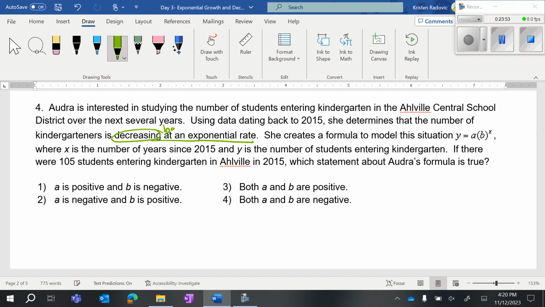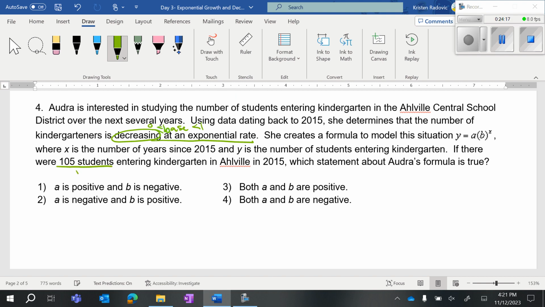That means your base is less than 1 and greater than 0. She creates a formula to model the situation, a times b to the x, where x is the number of years since 2015 and y is the number of students entering kindergarten. If there were 105 students in 2015, which statement about the formula is true?